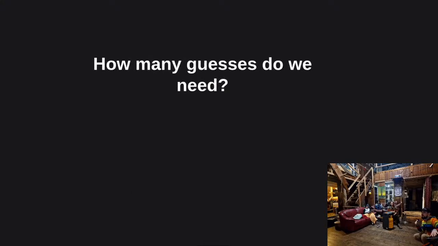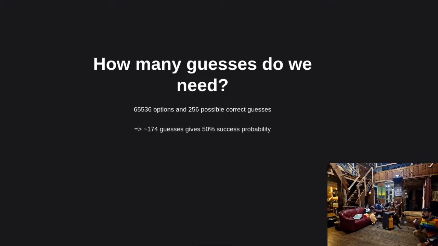So how many guesses do we need? There are 65,536 options and 256 possible correct guesses. So that's a little bit of factorial math. But basically the math says that 174 guesses gives a 50% success chance, and 2048 random guesses give 99.9% probability to establish a connection.